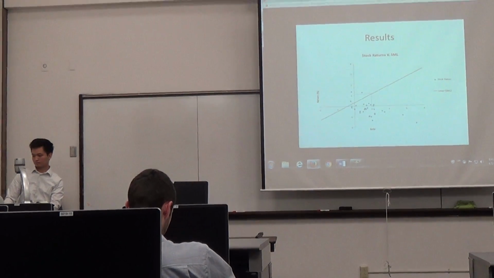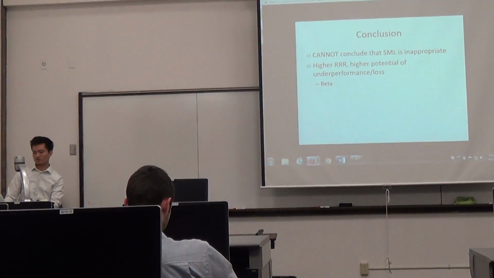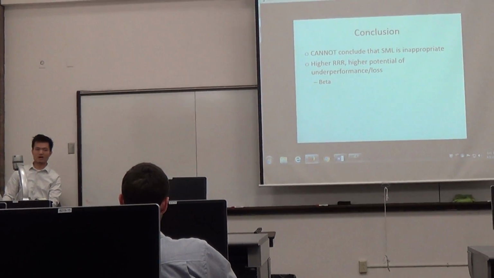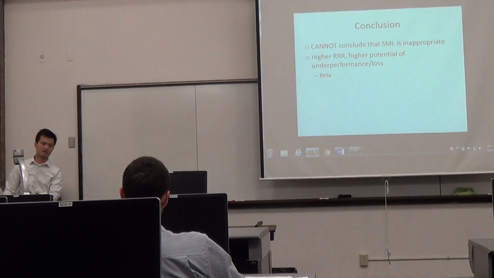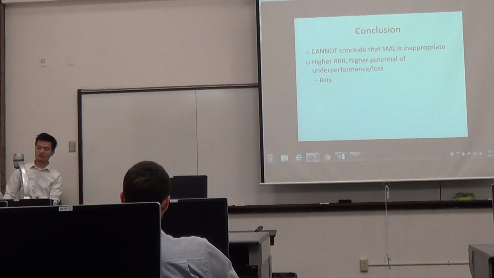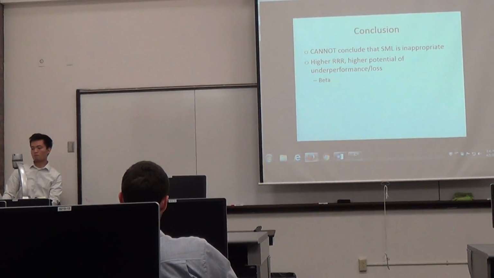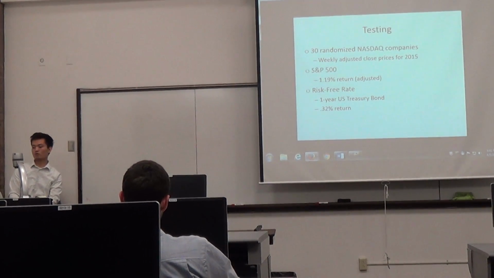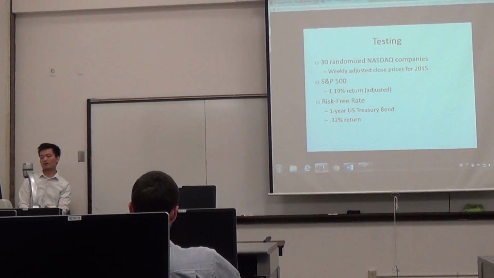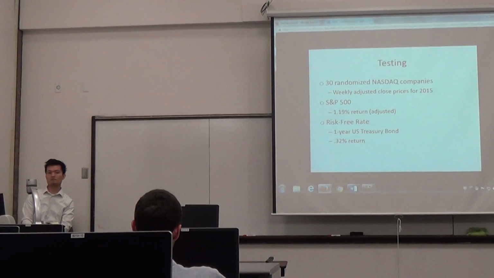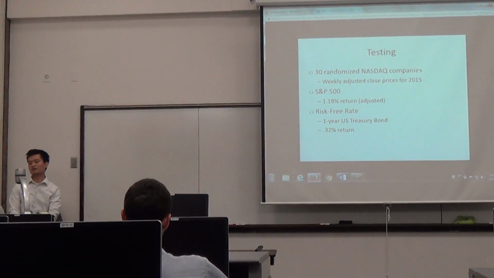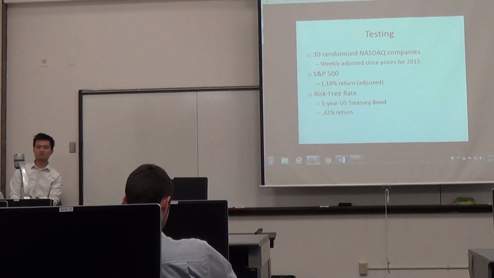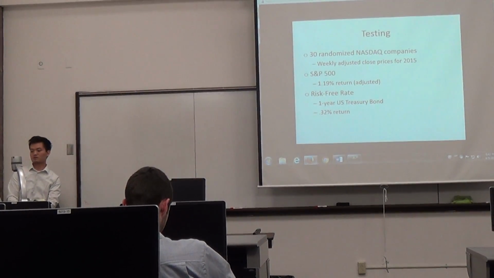And so I could not draw a conclusion yet because I need to use a better index for this, not just the S&P 500. And also my risk-free rate, which is a 1-year U.S. Treasury bond, must be changed to maybe a bond that has a longer maturity date.